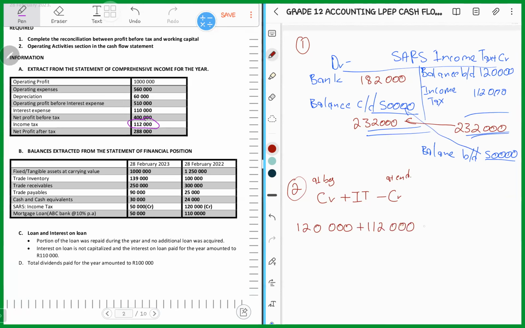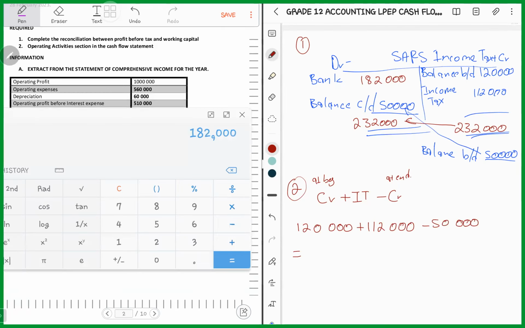Then we have to subtract the SARS income tax at the end of the year. It's saying credit. Remember, if at the end it says credit, then we have to subtract. That is the rule. So at the end, it's 50,000, and we're going to subtract the 50,000. When we calculate everything, it should give us the same amount that we got when we were preparing the SARS income tax account.